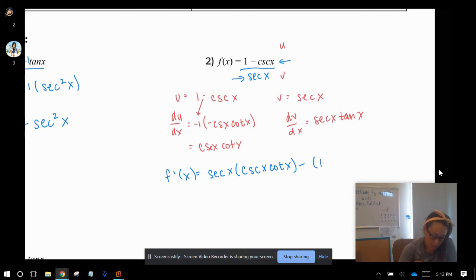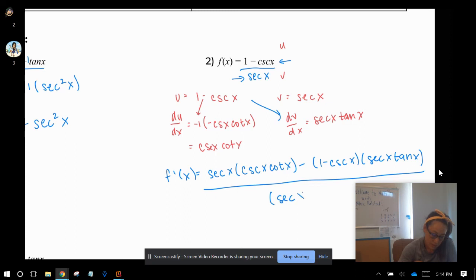So 1 minus cosecant x times the derivative of the low, which is secant x tangent x, all over the low squared, secant x squared.